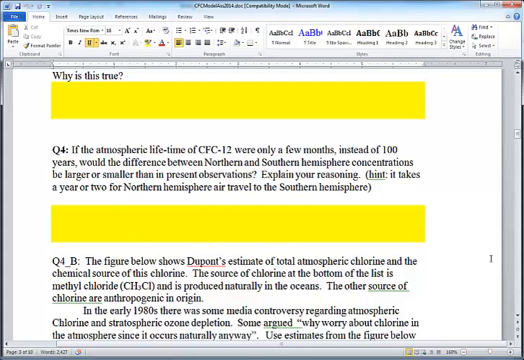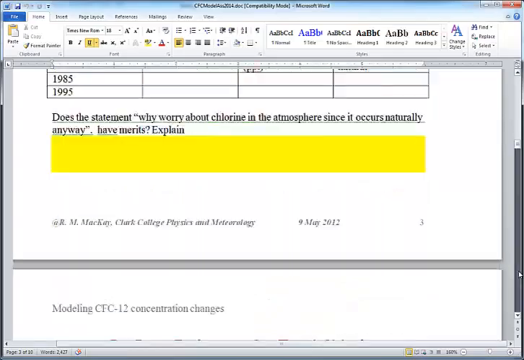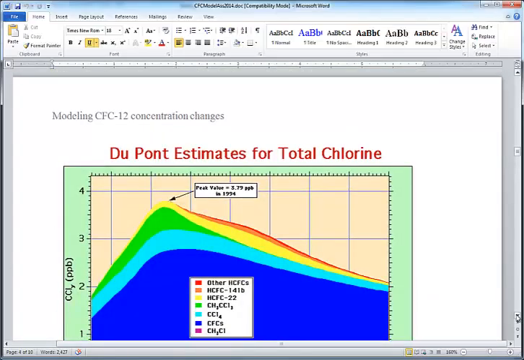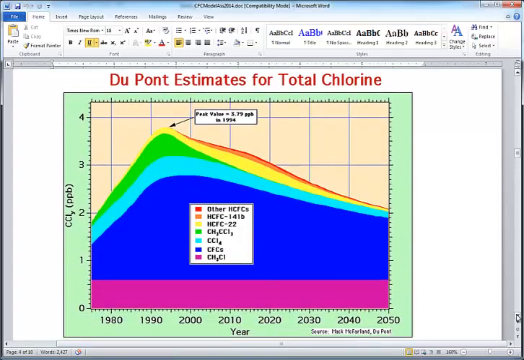Okay, and then the last question, or last challenge in part one, is to look at this graph here, estimates for total chlorine in the atmosphere based on observations and also model projections into the future. The thing that we're supposed to notice is that this bottom region, magenta color, is flat, and it reads about 0.6 parts per billion all the way over.